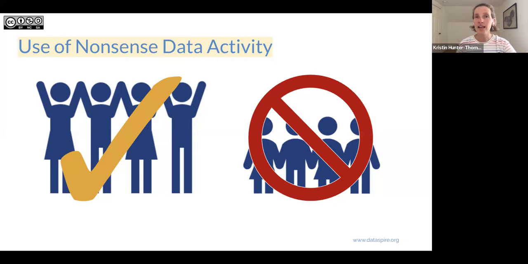This is an activity designed for educators to think about what it's like to be students working with unfamiliar data, and why our sequencing of learning experiences is so important for setting our students up for success, so that we can help them make their thinking visible and know how to support them going forward in building more of those skills.